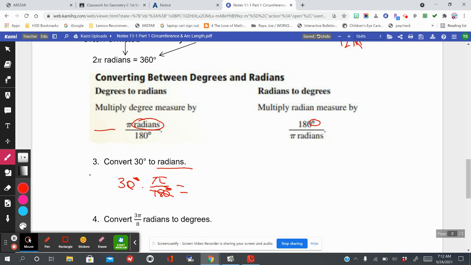So the zeros cancel. 3 divided by 18 is 6. So we have a 6 on the bottom times pi, or you could write this as pi over 6. If they ask for the decimal, then you could do that in the calculator. But usually when you have a radian measurement, they want you to keep it in pi. All right, so know that 1/6 pi or pi over 6 is all the same thing.